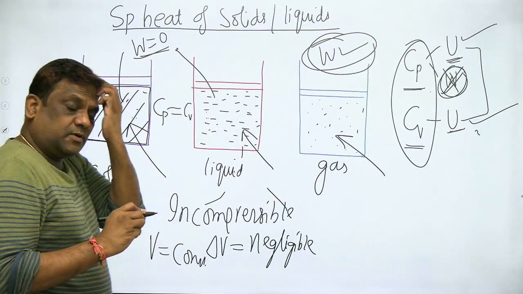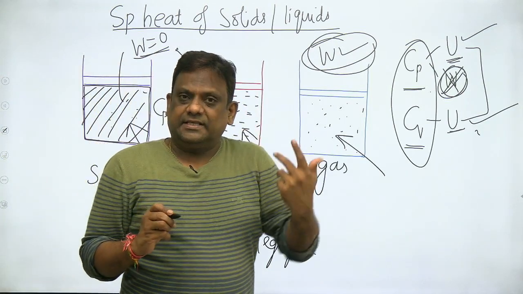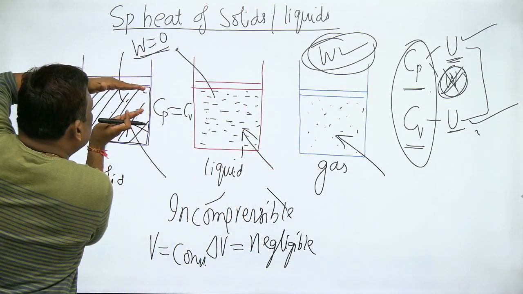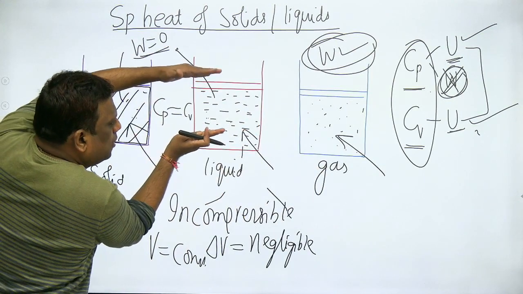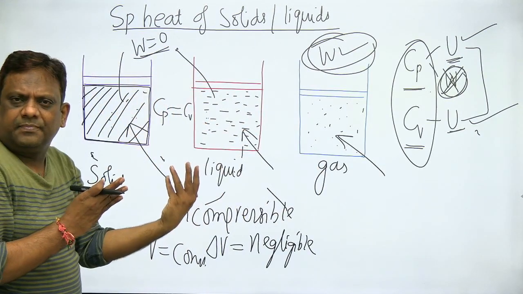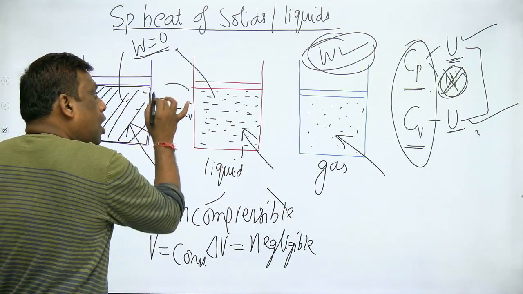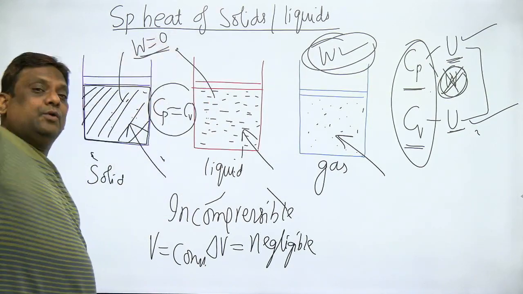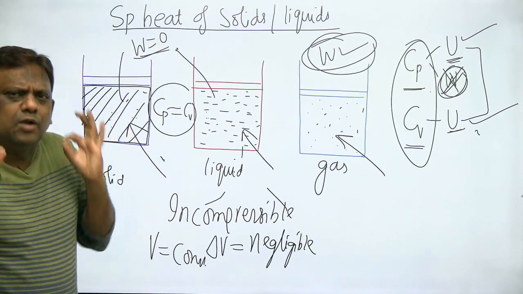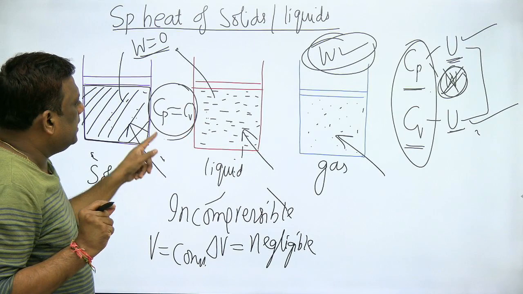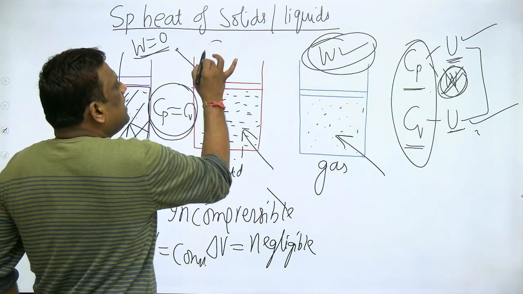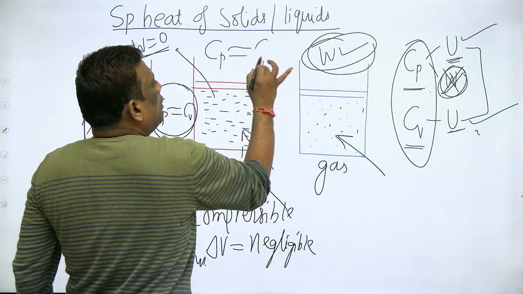And one student can ask me a question: sir, why are you saying almost and not exact? There may be a small movement which is negligible. So that's why I'm saying almost. I never said work is absolutely zero, but a small movement. So therefore, for solids and liquids, CP and CV are almost same.